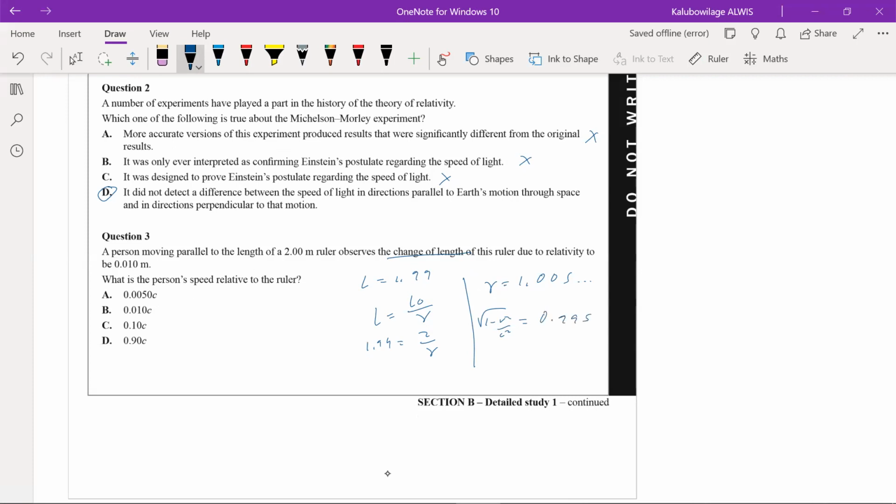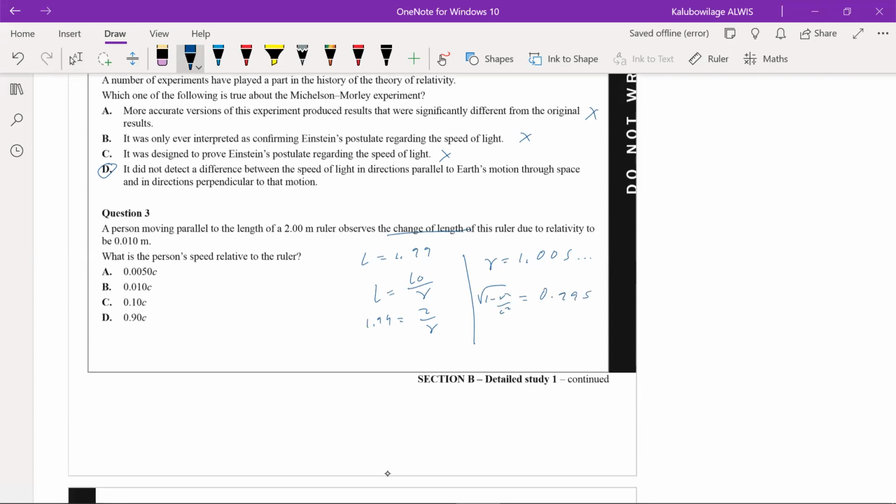So v squared over c squared is, squared minus 1.075.